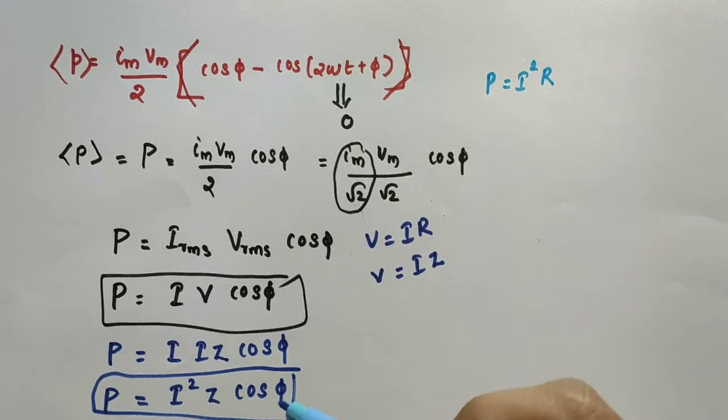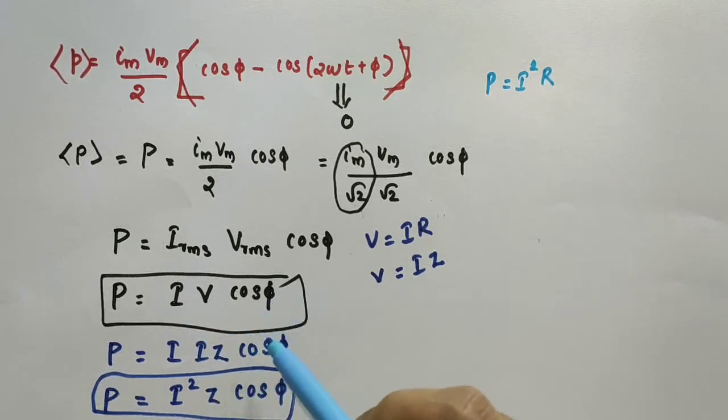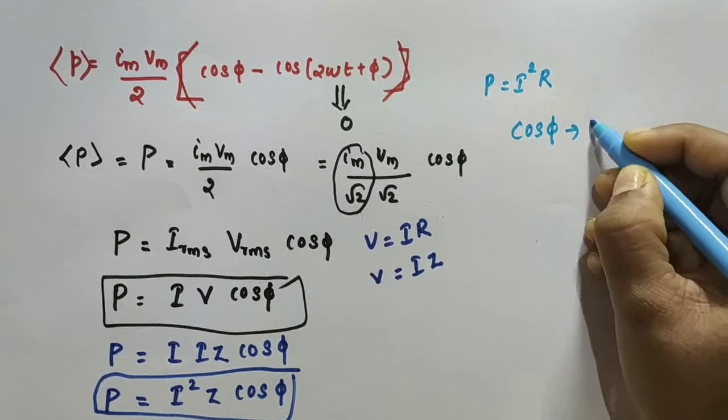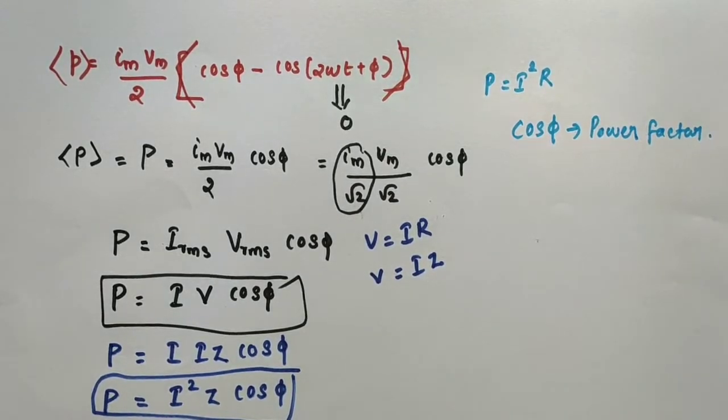That is, the average power dissipated depends not only on the voltage and the current, but also on the cosine of the phase angle phi between them. This quantity cos phi is actually called the power factor.